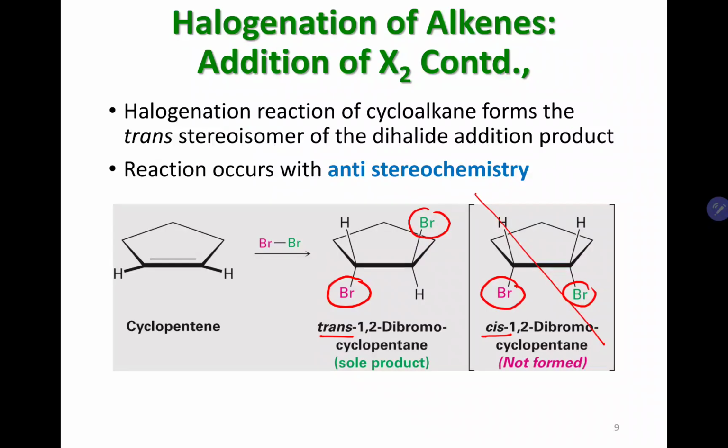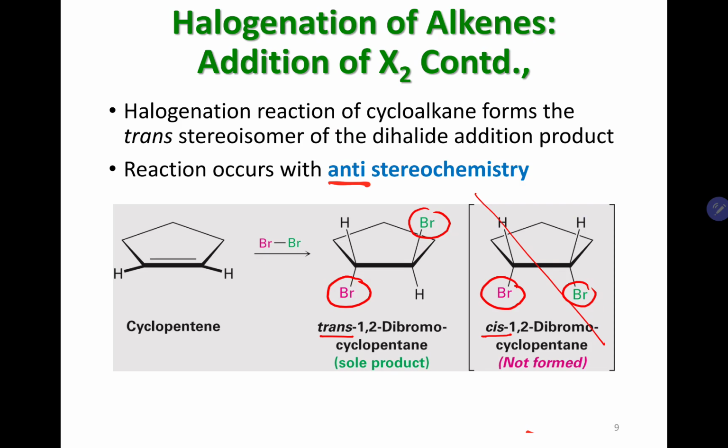So we say that this reaction occurs with anti-stereochemistry, and this is a very unique thing about halogenation reactions. Once again, you don't have to worry about the Markovnikov rule, but you have to worry about the anti-stereochemistry, especially if you have cyclic alkenes. You tend to see the trans product over the cis product.